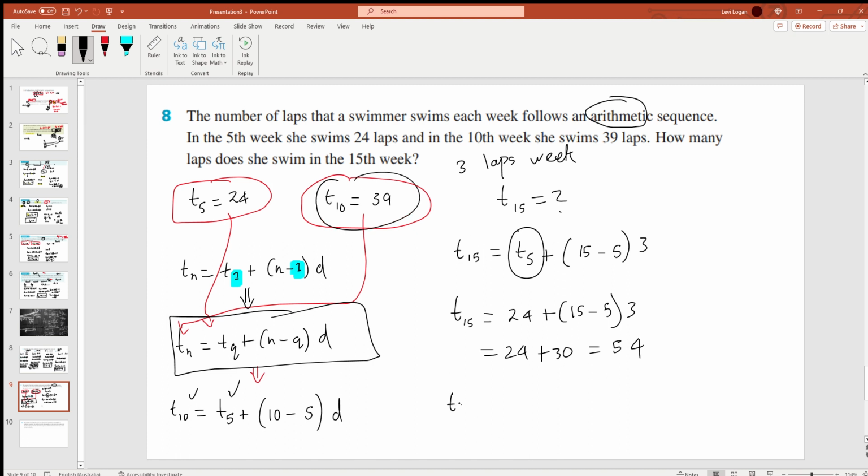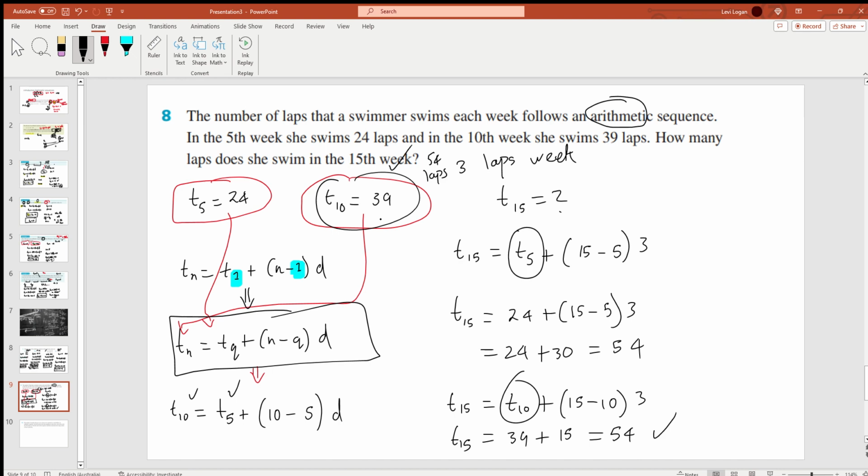So for example, T of 15 is the same as T of 10 plus 15 minus 10 times by 3. So 39 plus 15 is also going to be equal to 54. So it doesn't matter which one you pick, you can pick either one. Okay, so they swim 54 laps in week 15.